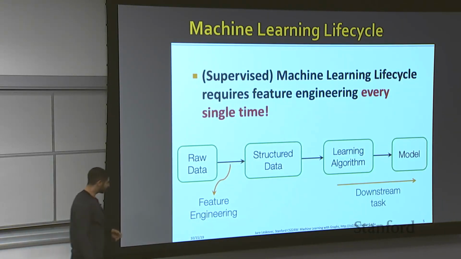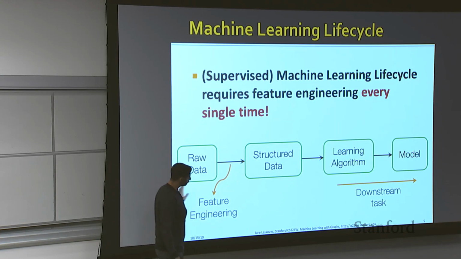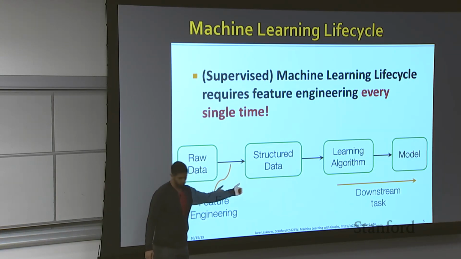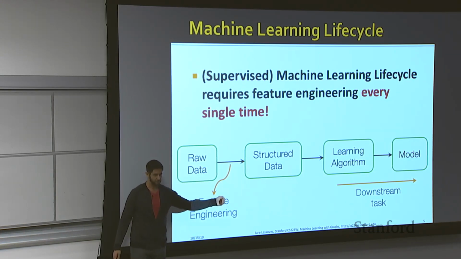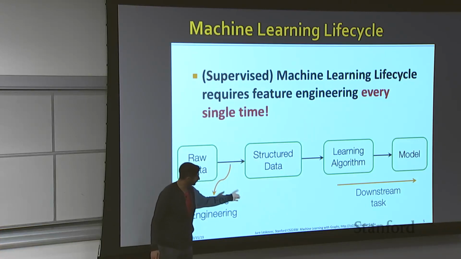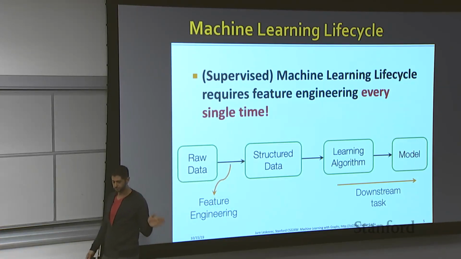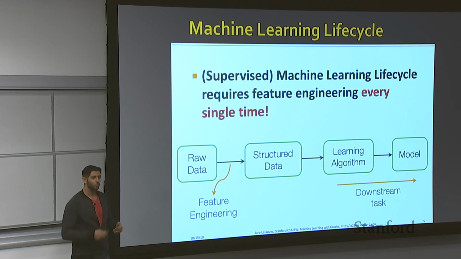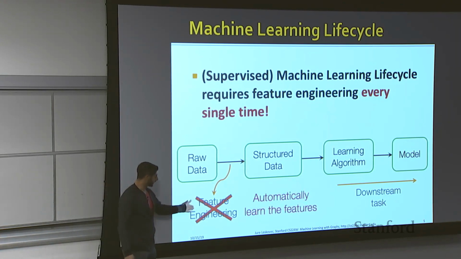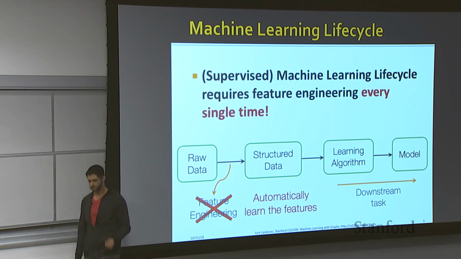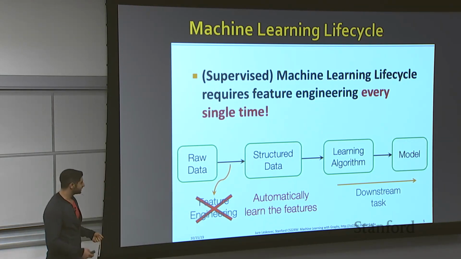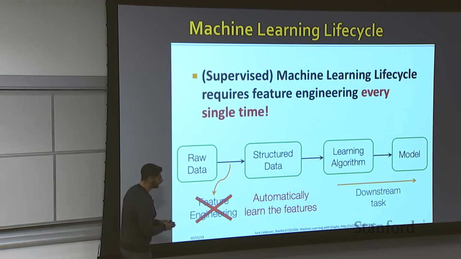Once we're able to do all of this, we're going to be able to work on our downstream task. Once we obtain our structured data, we can think about different predictive tasks. Now, what will make our life much easier is to get rid of the feature engineering. We want to automatically learn the features. This is possibly one of the two main promises coming from deep learning.